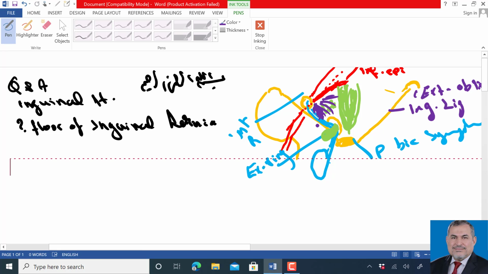So transversalis fascia and conjoint tendon are the structures found on the floor of the inguinal canal.